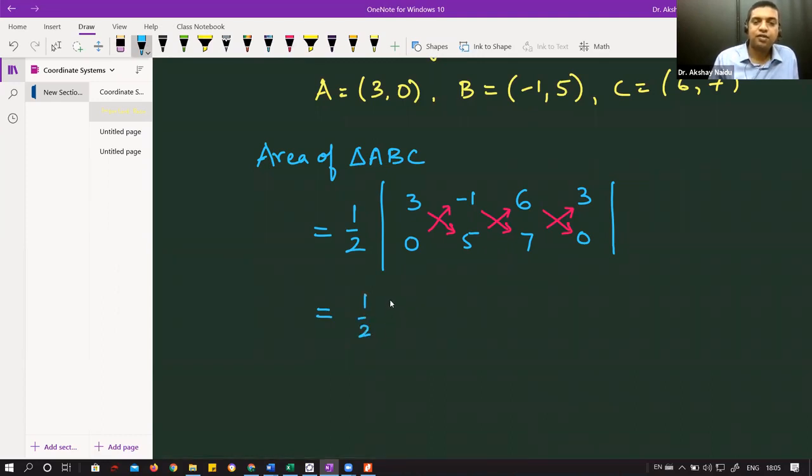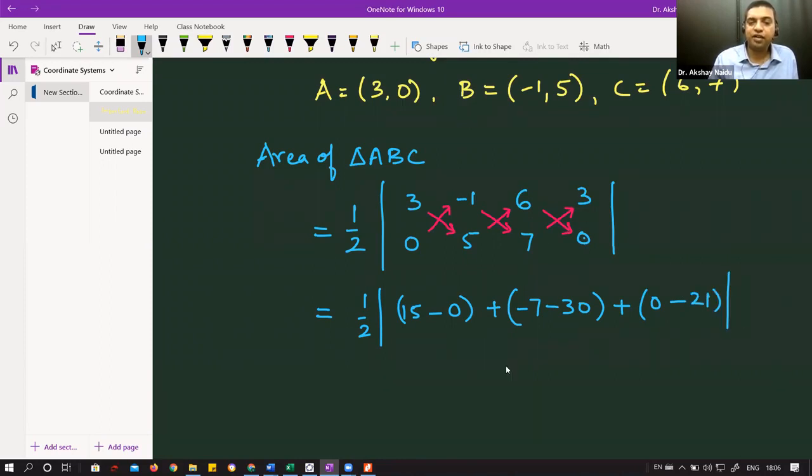Half of modulus of 3 into 5, 15, minus 0 into minus 1 is 0, plus minus 1 into 7 is minus 7, then minus 5 into 6, 30, plus 6 into 0 is 0, minus 7 into 3 is 21.